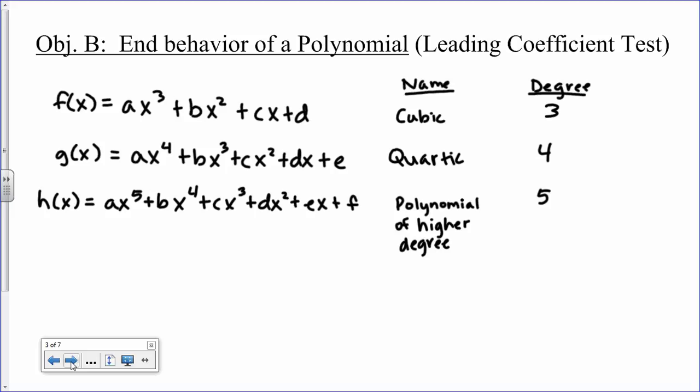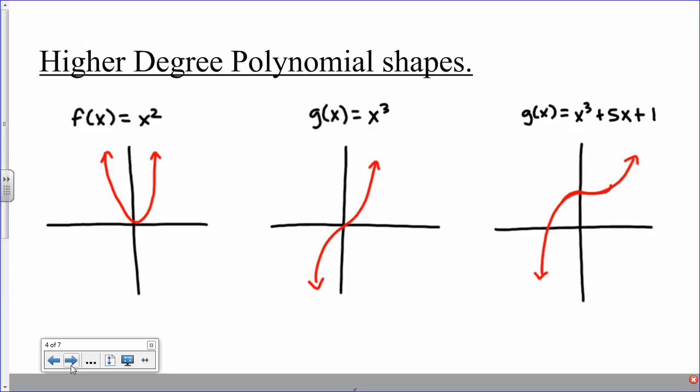Okay, so now we're going to look at a few graphs, and these are just really quick sketches. Don't spend a lot of time, because more what we're looking at is just the end behavior. So x squared, this is just your basic parabola. X cubed, this is the parent function of a cubic.